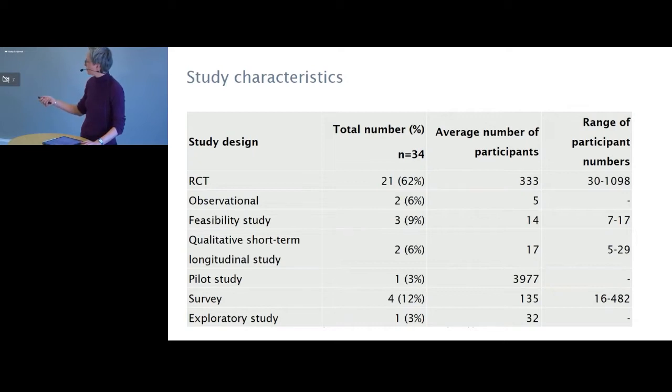There were a few surveys, 4 papers reported about surveys in this context. The average number of participants is medium size, I would say 300 for randomized controlled clinical trials, but the range is quite big. There are randomized controlled trials involving 30 participants and up to more than 1,000.